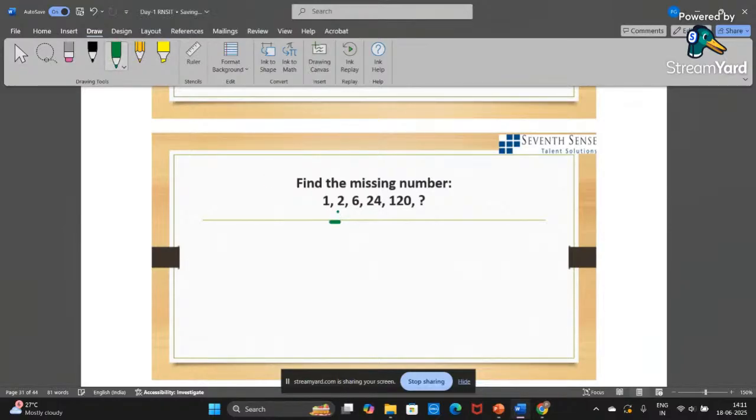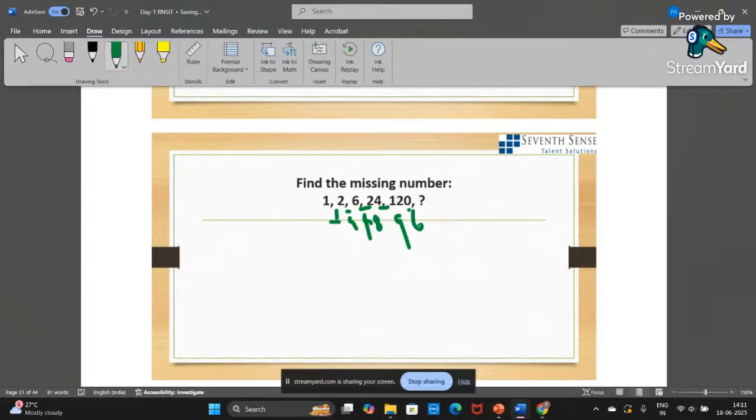The difference is here 1, and for this it is 4, and 18, and here it is a bigger number, around 96.